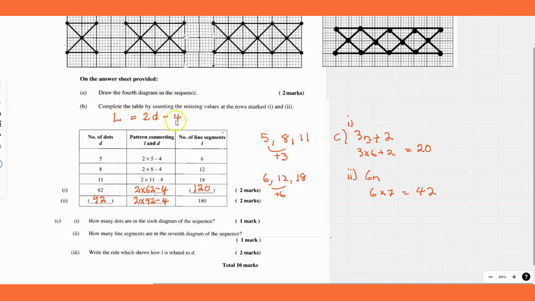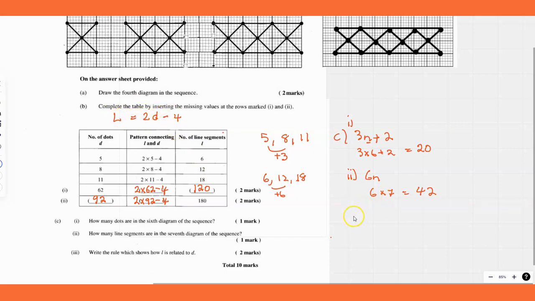This was the formula for the line segment. We can do a test. For example, when we have 8 dots, we would have 2 times 8, which is 16, subtract 4, that gives us 12. So all we need to do is rearrange this formula to get the dots.